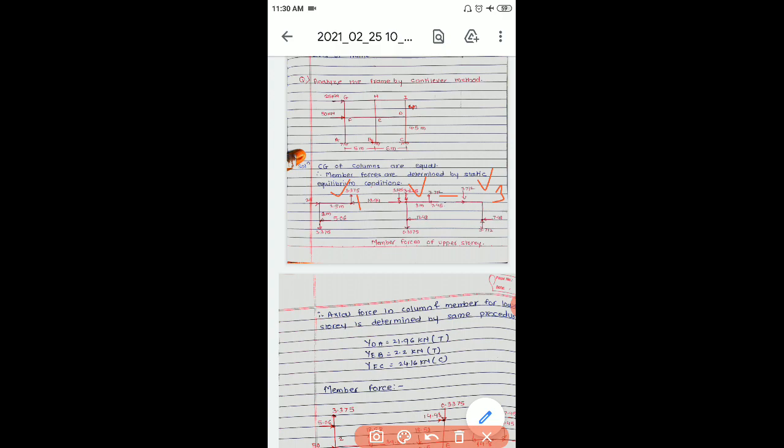So what is the centroidal distance? It is the perpendicular distance. This distance is given as 4 meters, so divided by 2 we get 2 meters as the centroidal distance. Then we apply the equilibrium condition.